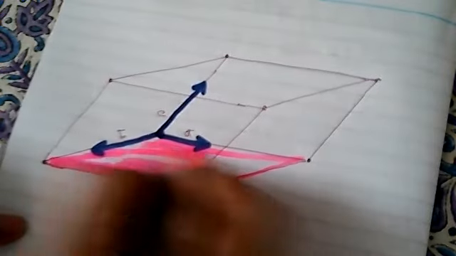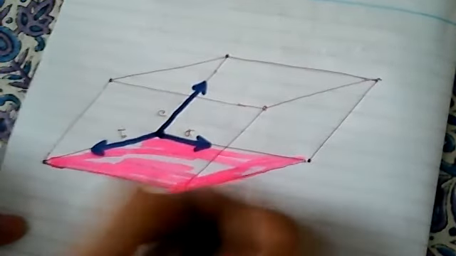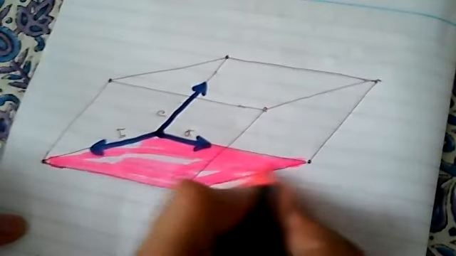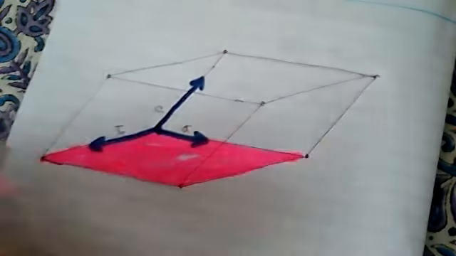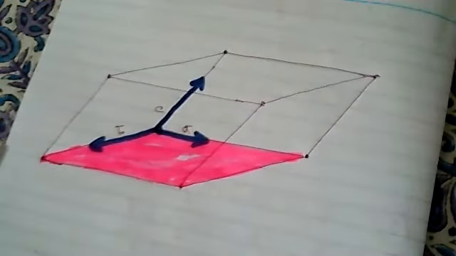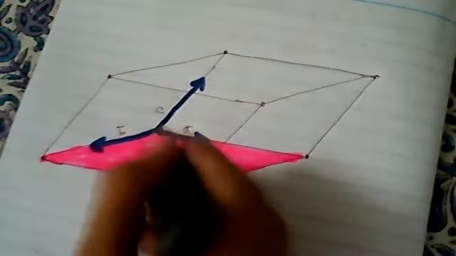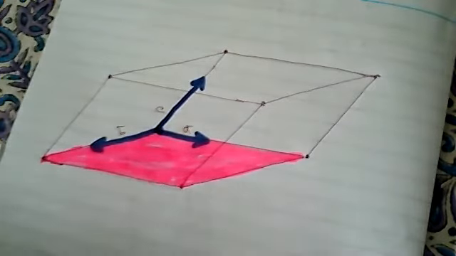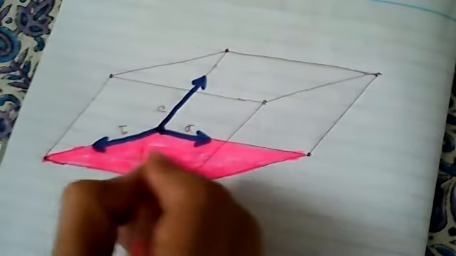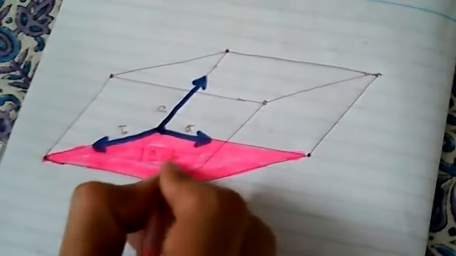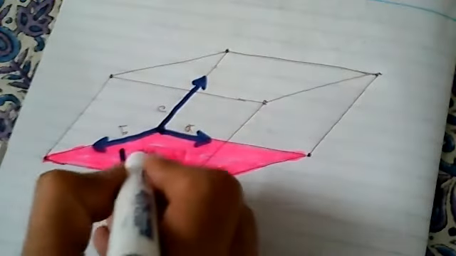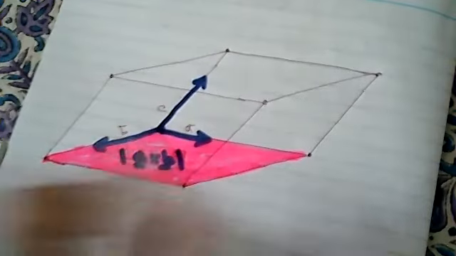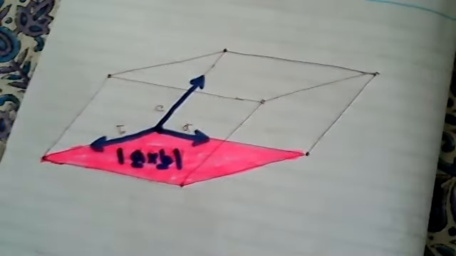So see, the base is a parallelogram, and if you remember the geometrical interpretation of the cross product or vector product, if there are two adjacent sides of a parallelogram, and you see these are the two adjacent sides, this and this, then the magnitude of A cross B will give you the area of this parallelogram.